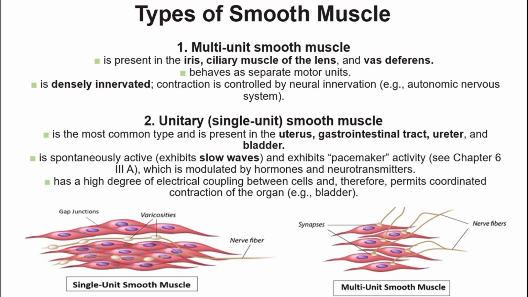Okay, so you can see here that the single unit smooth muscle has only one nerve fiber, and there is no need for many nerve fibers because one nerve fiber can contract the entire sheet of smooth muscle in unison because of the presence of gap junctions. And these gap junctions allow the electrical signals to pass from one cell to the adjacent smooth muscle cell rapidly.